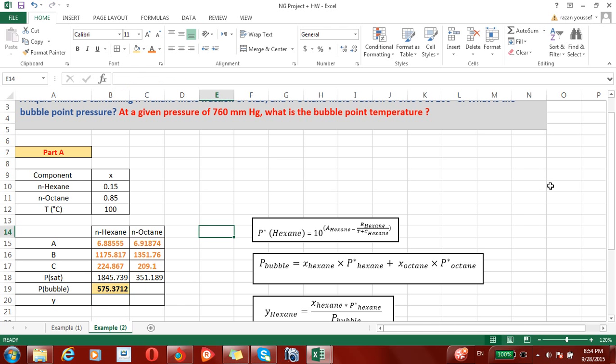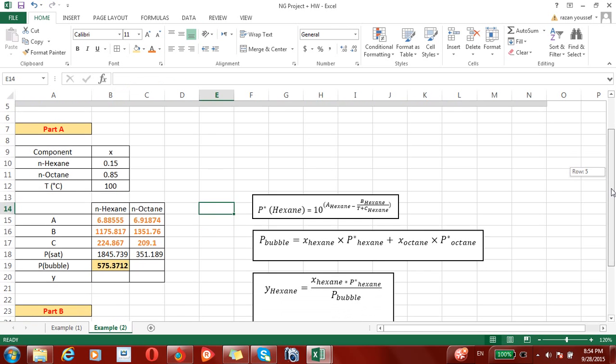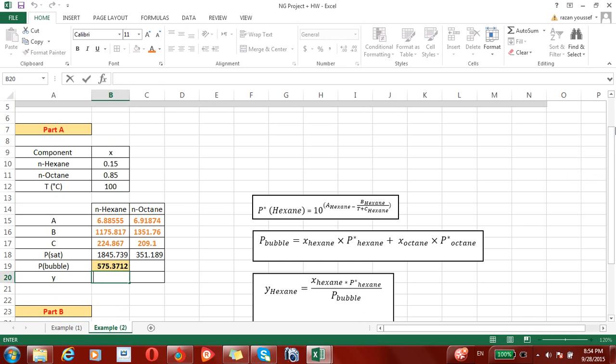And now we can find the mole fraction of the gas using this equation that I wrote here. It will equal X of the hexane multiplied by the saturated pressure divided by the bubble point pressure.